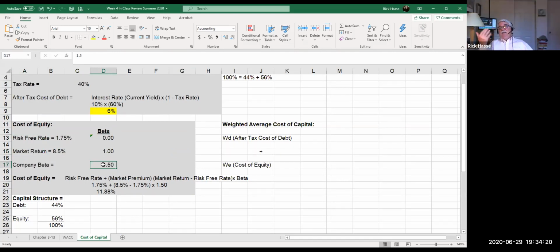Remember, beta is calculated by taking the standard deviation of the average return over the last 16 rolling quarters. That's 4 years. So the company's return has deviated from the average returns in the market, and it's determined that their deviation has been rather large, thus they have a high beta of 1.5. They've deviated from the average quite a bit.